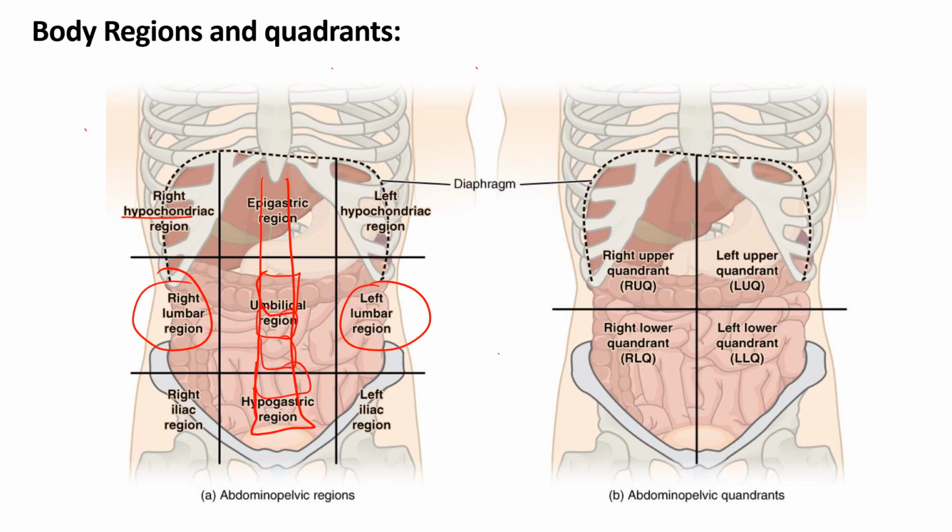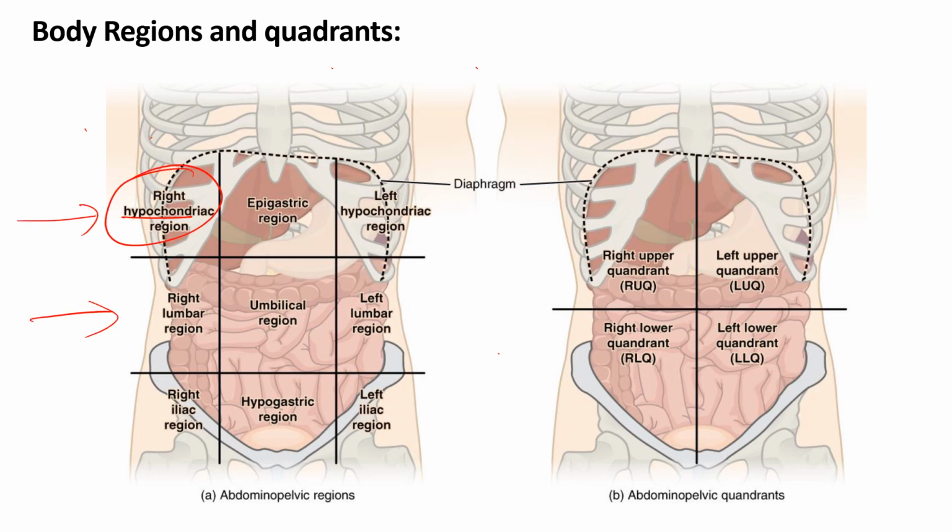This area in the back is called the lumbar region. So this is the left lumbar and right lumbar. This is in the middle portion of the abdomen. So superior we have hypochondriac, in the middle we have lumbar, and then let's look at the inferior.